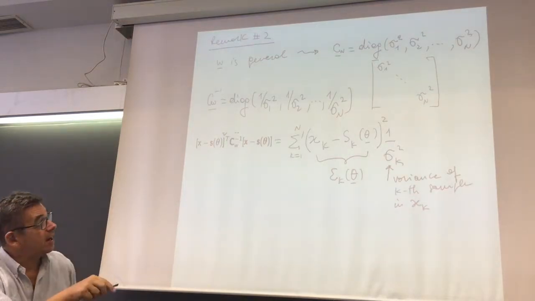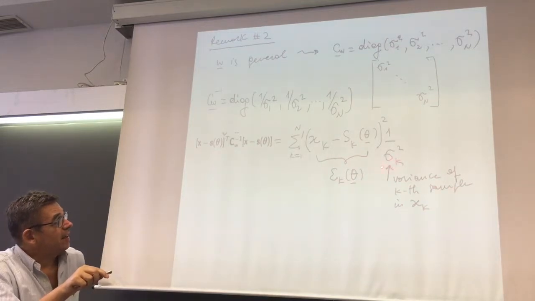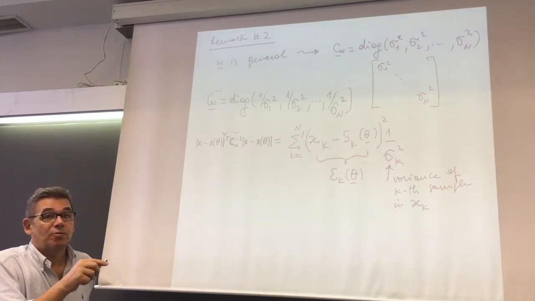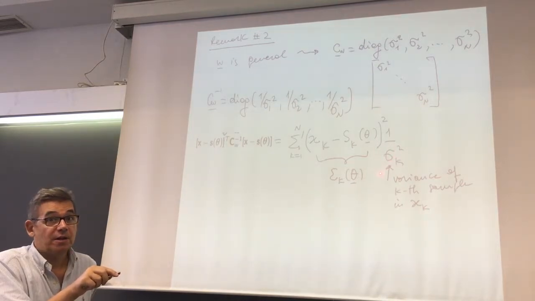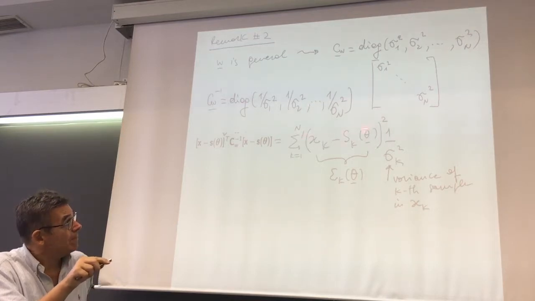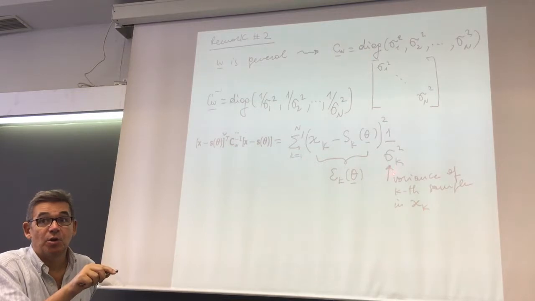Now this error is weighted by the inverse. So if one of the samples is very noisy, sigma is big, and then 1 over sigma is very small.